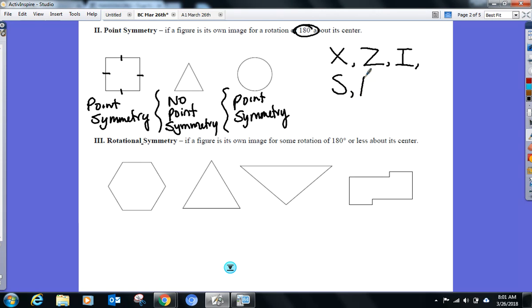Uppercase N. James? H. What do I know about H, I, and X? They have both point and line. Madeline, one more? Okay. I'll put it in there under protest. Yes. All right.